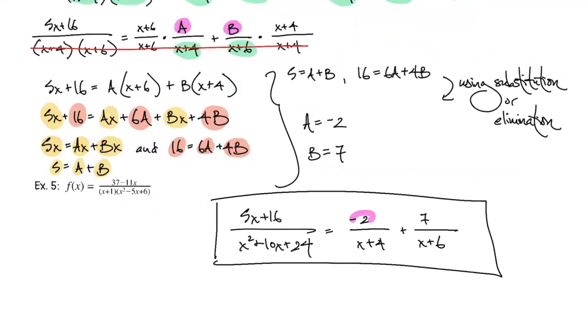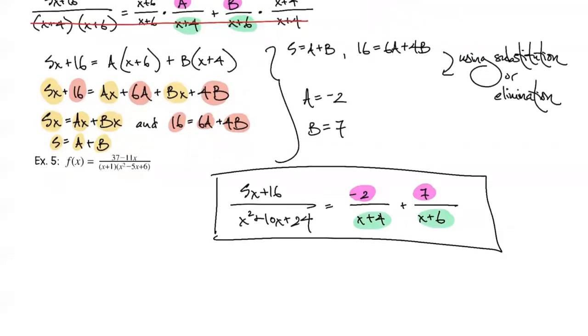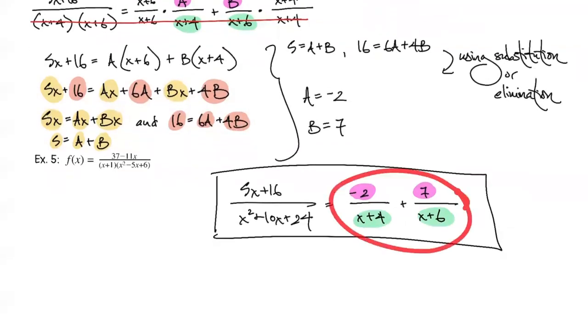And this would be my a and my b value. And these would be my non-repeated linear factors. Okay. If you wanted to check your answer, you could go ahead and add these two fractions by making a common denominator, working out that numerator, and I bet you would end up with 5x plus 16.